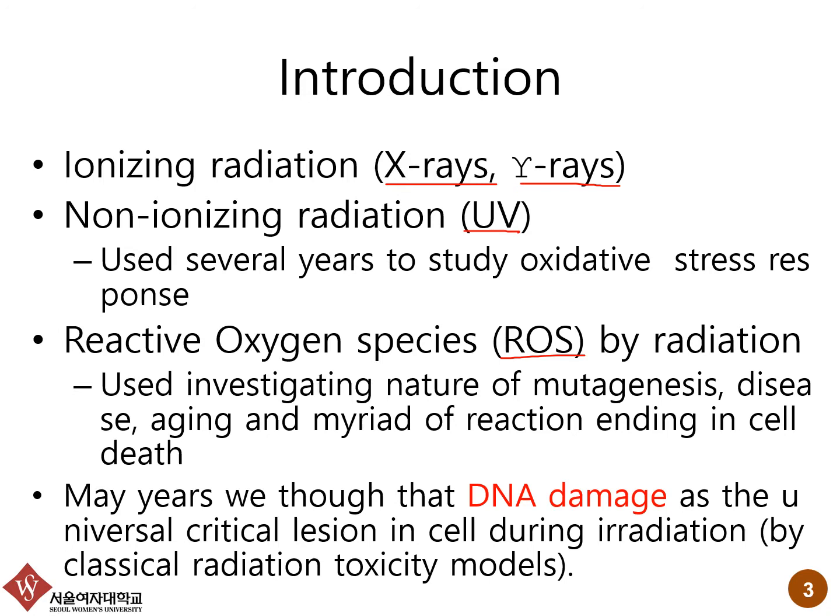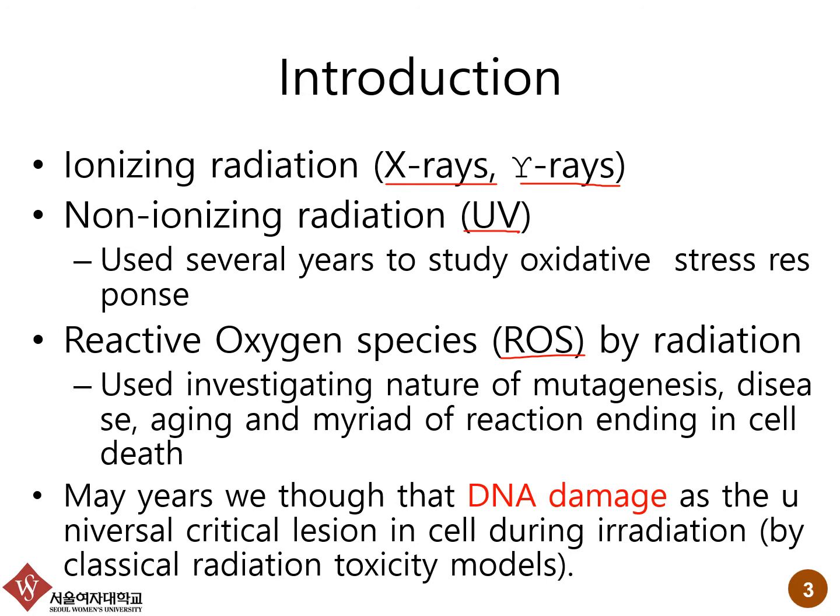Those ROS are used to investigate the nature of mutagenesis, disease, aging and finally cell death. So we use ROS to study the mechanism of cell mutagenesis and other cell aging and cell death studies.